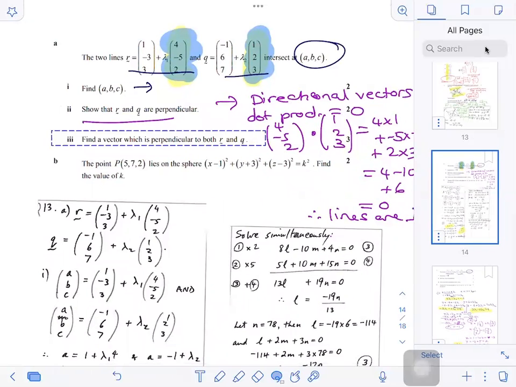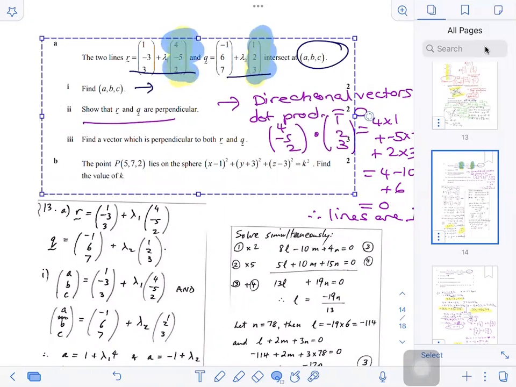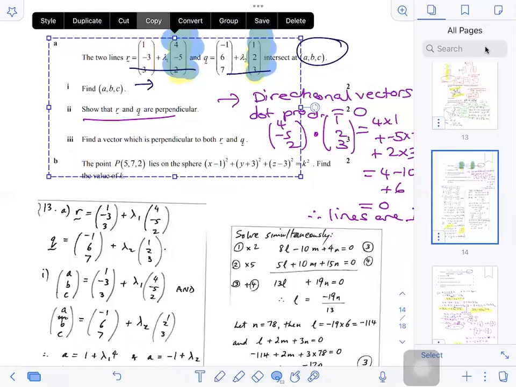Okay, so this part's a little bit harder. To find the vector, the last part there, I'll just move it down so I've got a bit more room.